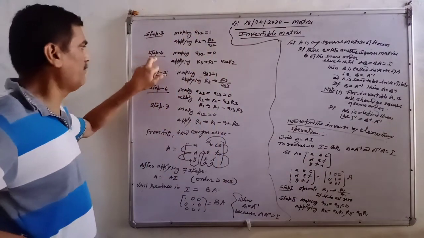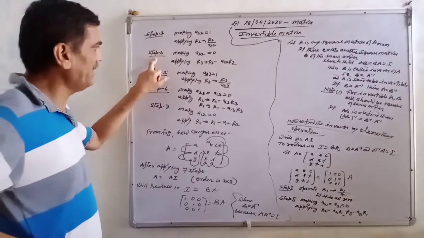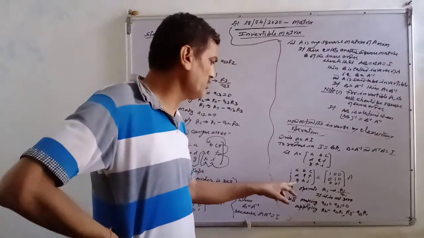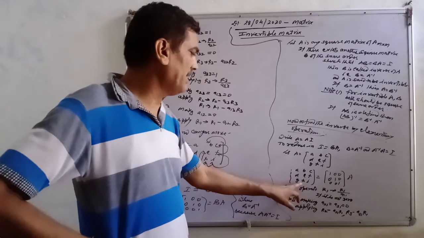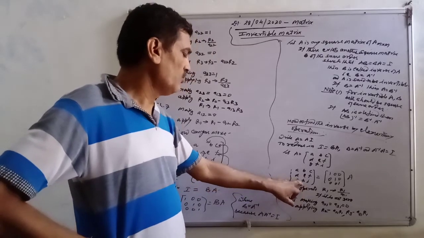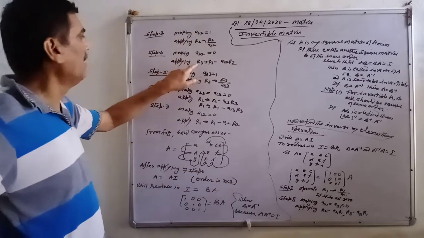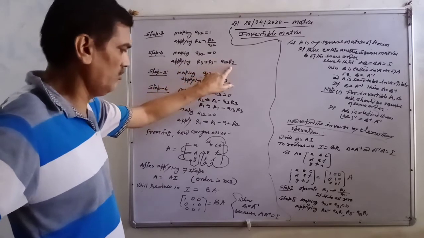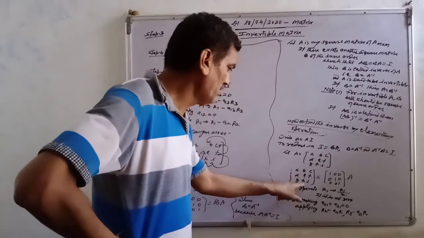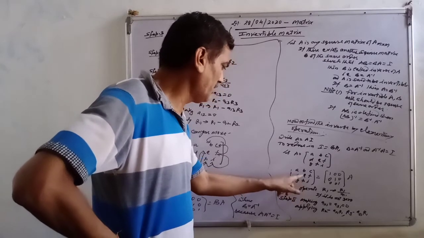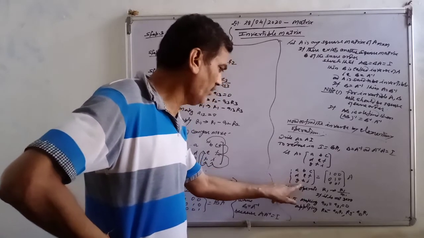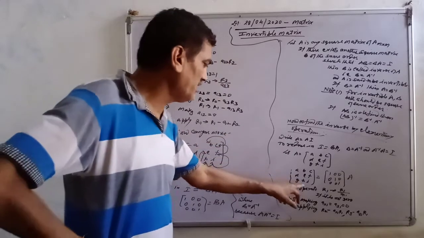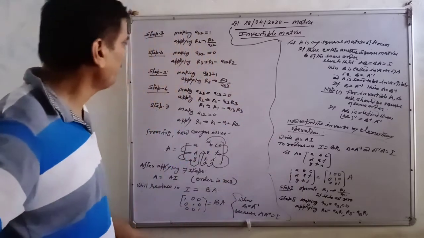Now next step 4, making A32 equal to 0, meaning making this element 0. For this, apply R3 tends to R3 minus A32 R2. A32 is this element; multiplying by this and subtracting from R3. Then this H will become 0.